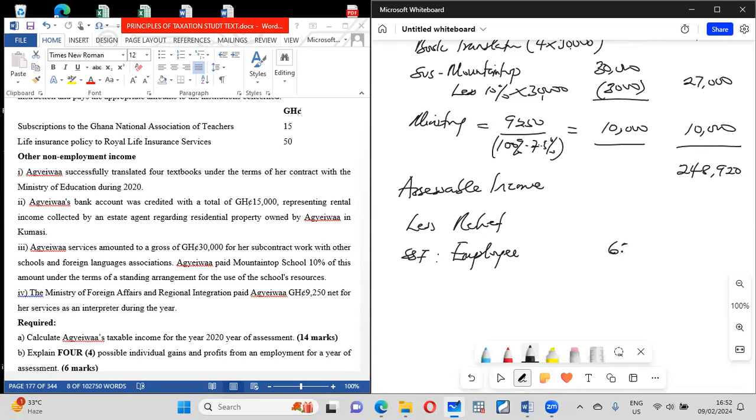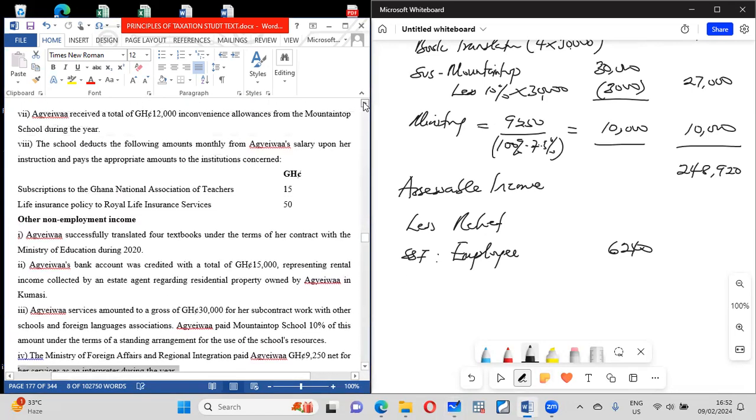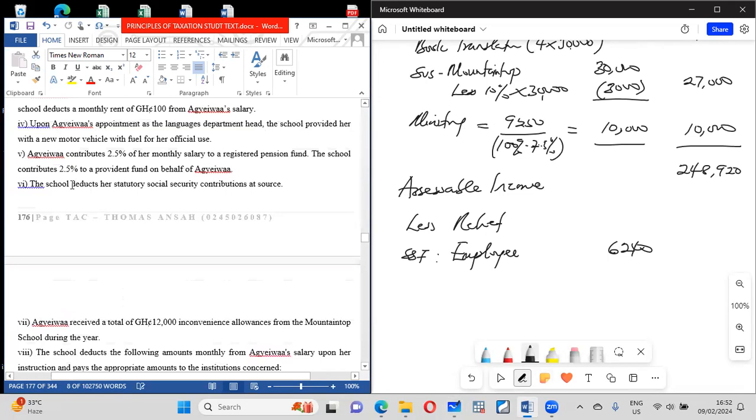6240. And the SSF of her own that she pays. The question said that they do the deduction for her. They could deduct SSF. So this one is the 13%, then this is the employer, then we have the employee. She is 59.